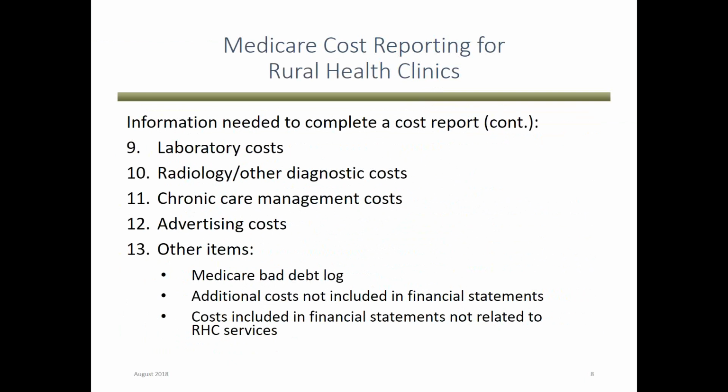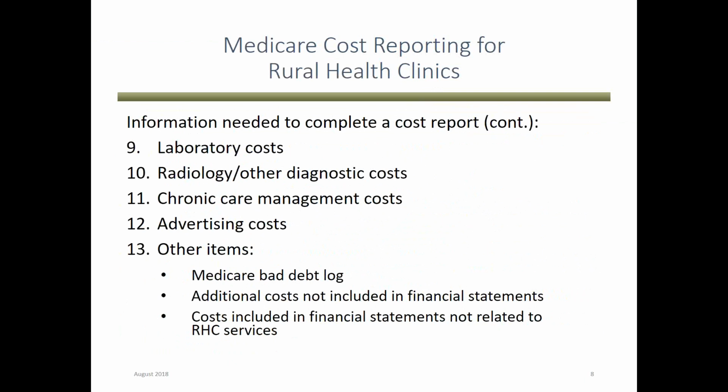Additional cost information is needed for services that may not be considered rural health clinic services. For example, laboratory costs are not considered rural health clinic costs on the cost report and must be removed from the allowable costs of the rural health clinic.